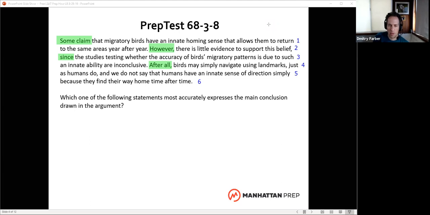And it's saying it's a premise. It's got to be supporting what I'm saying. You should pay for the wine is what I think. Why do I think so? You're the one who drank it. After all, you drank it. So after all is a premise indicator. So we know that this is a support for the author's point. This is a premise. This is not the main point. And no one said that it was.